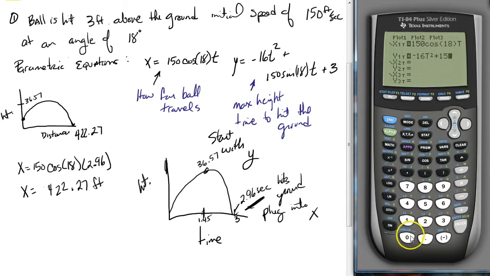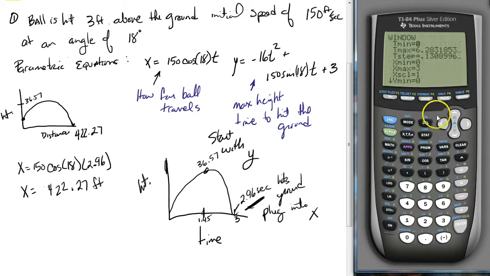Now the reason why I'm doing them the other way though is because what if I don't have a calculator that has a parametric mode? I can still answer the questions. What if you're not using a calculator? What if you're just using some old tables from back in the day, how they used to do it? You can still crunch these things out.